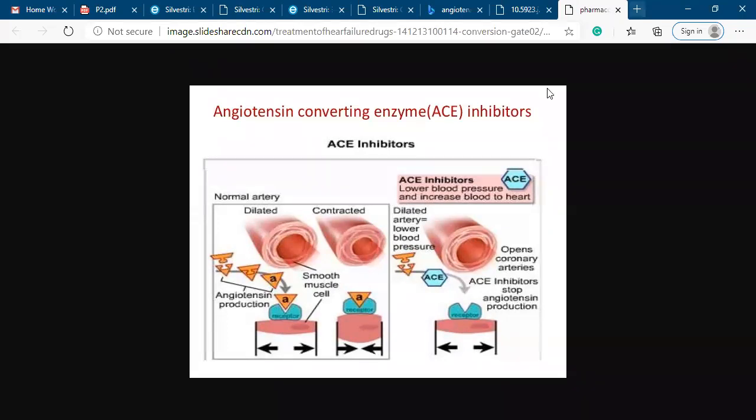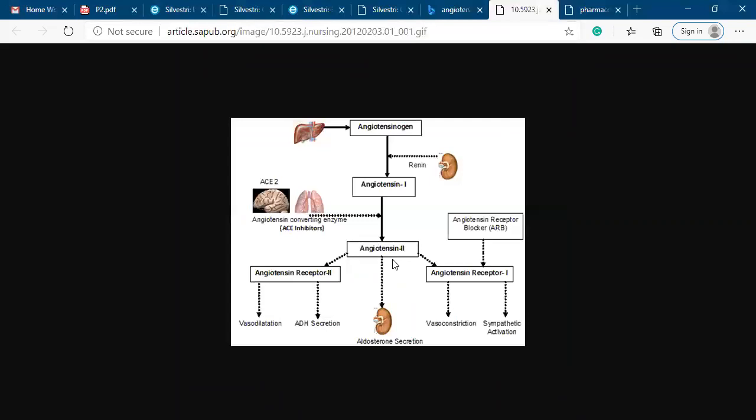When blood does not flow well, the blood pressure is increased. On the other hand, the angiotensin receptor blocker stops the constriction and blood flow increases.